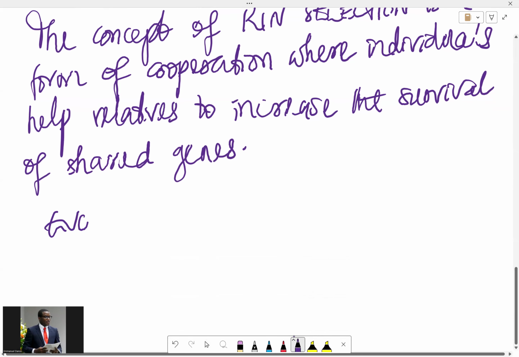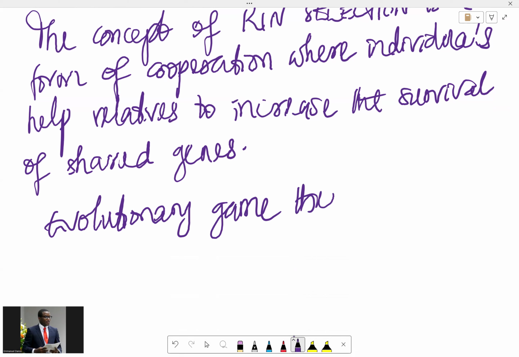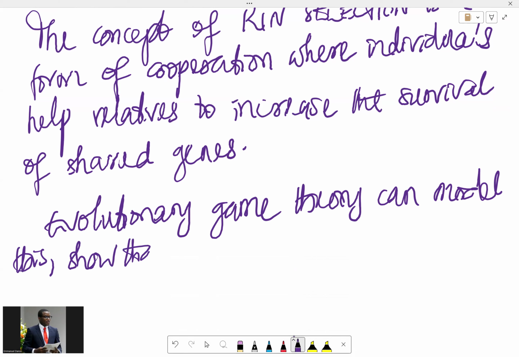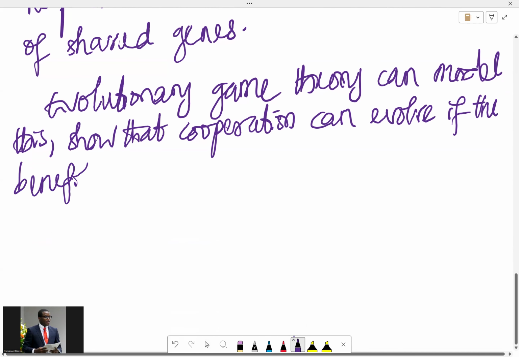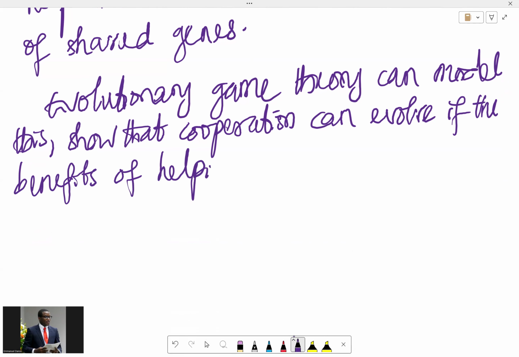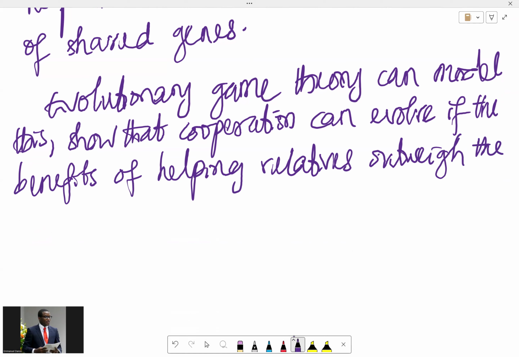So evolutionary game theory can model this, showing that cooperation can evolve if the benefits of helping relatives outweigh the costs to the helper.